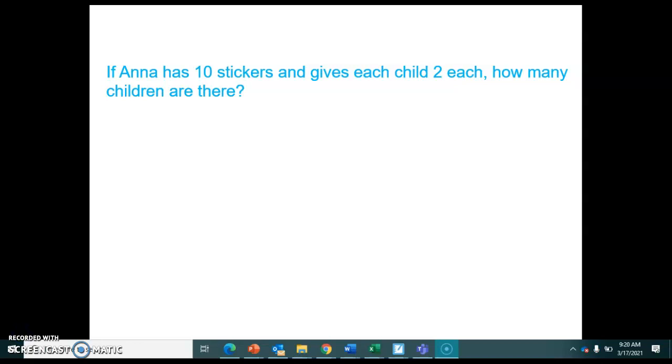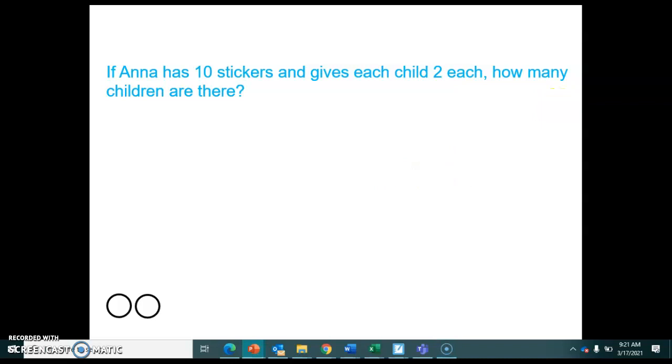Finally, just looking at this question, if Anna takes 10 stickers and gives 2 to each child, how many children are there? So all you will be doing is giving each child 2. So listening to that question, we don't know how many groups there are, but we know how many are in each group. So it would be a case of, well, this person gets 2.